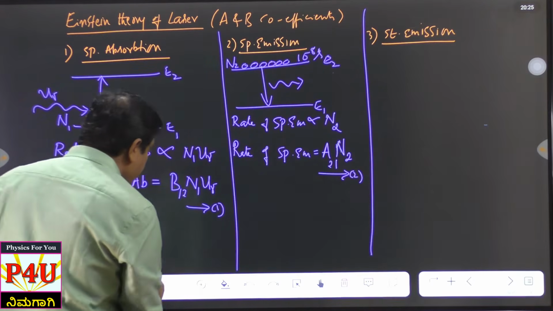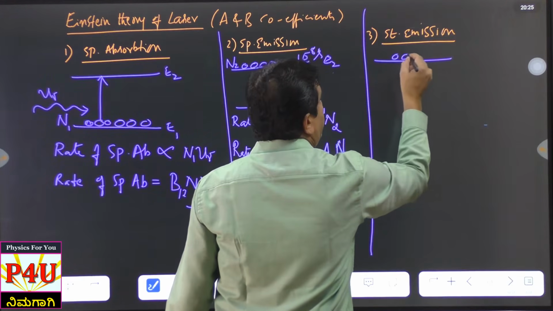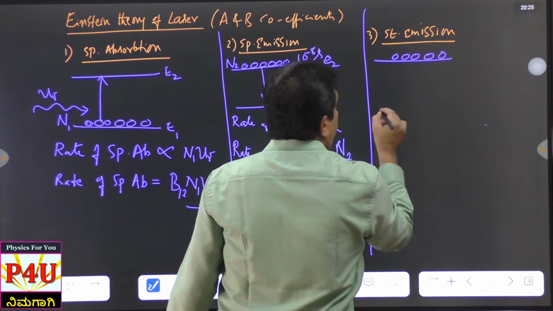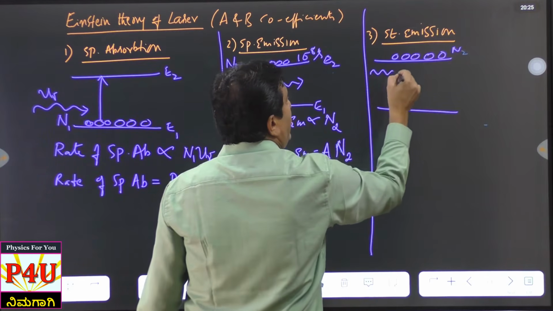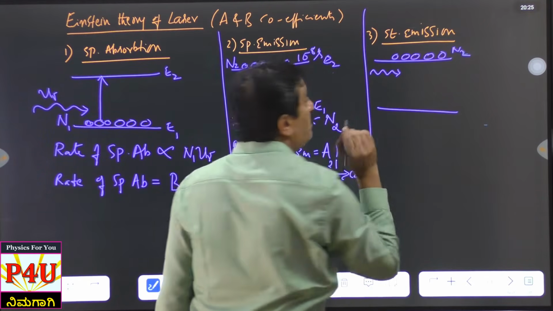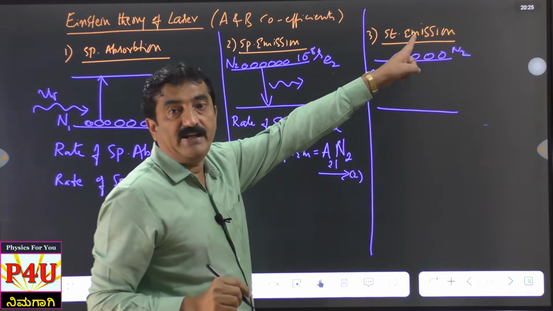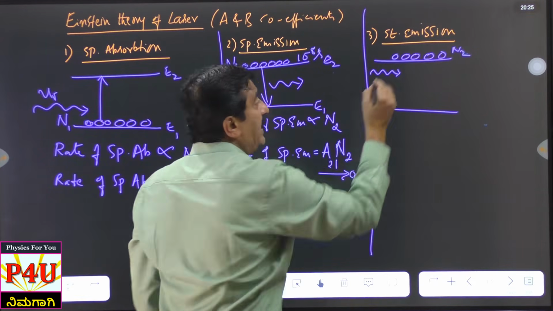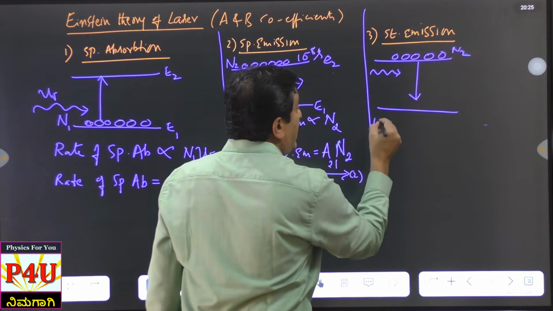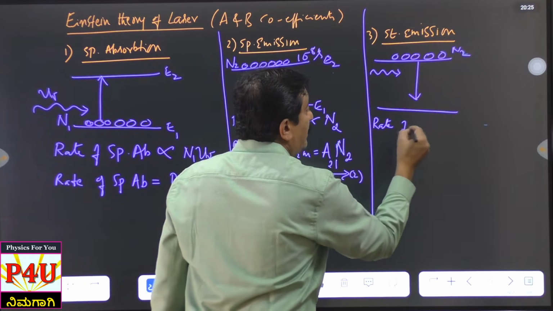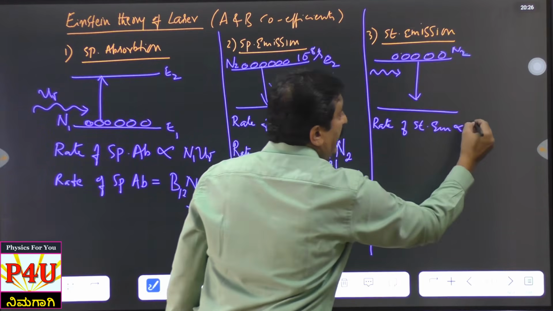So when there is stimulated emission, atoms are already in the excited state, that means now it is N2, and now we have to send one radiation. That radiation is going to stimulate. As a result, there will be de-excitation. That means the rate of stimulated emission depends upon the number of atoms.